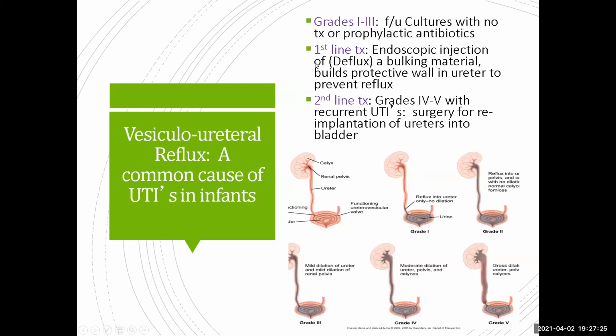Now, a first line of treatment is endoscopic injection of a bulking material, which protects the wall in the ureter to prevent the reflux. A second line of treatment, and this is only for grades 4 and 5 with recurrent UTIs, is surgery for reimplantation of the ureters into the bladder. So they basically fix the area.